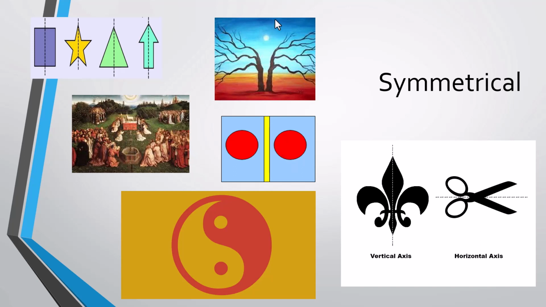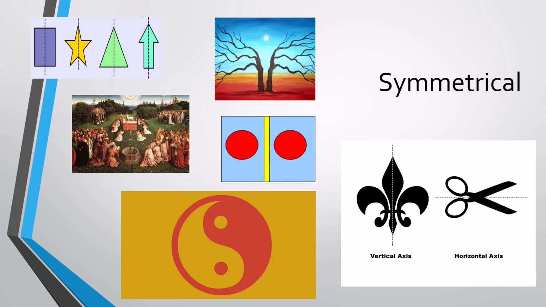The tree up here is a great example of a mirror image. Yin Yang gets a little complicated because the imagery tends to really reflect and reflect again, so it's a little bit off from being pure symmetrical. The fleur-de-lis is a better example of a purely symmetrical balance.